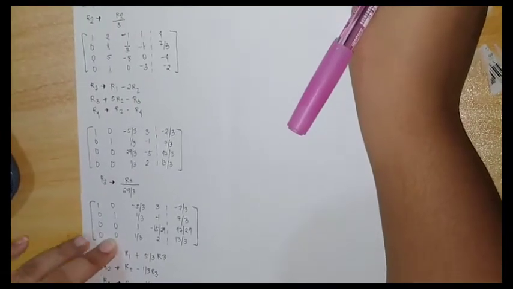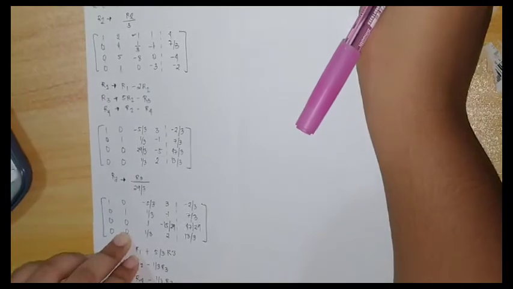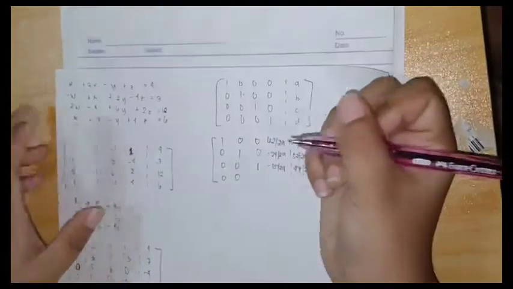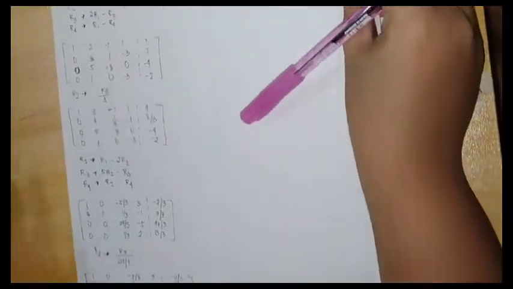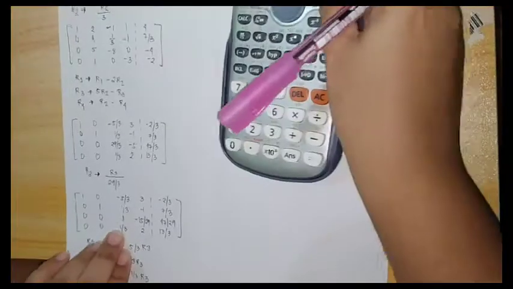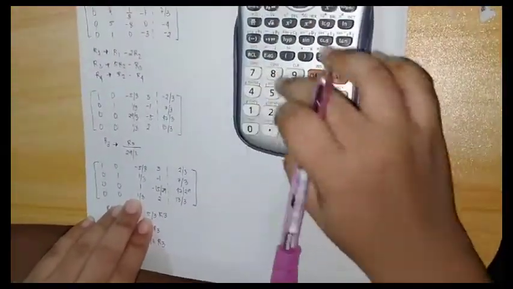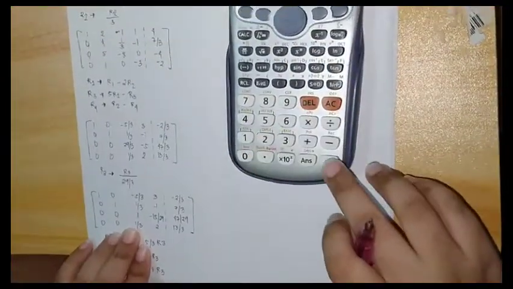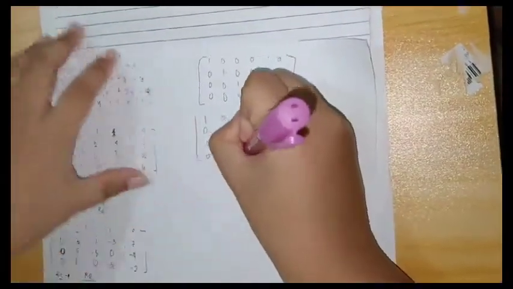In the second column, 0 minus 1/3 times R3, which is still 0. Then in the third column, 1/3 minus 1/3 times 1 is 0.